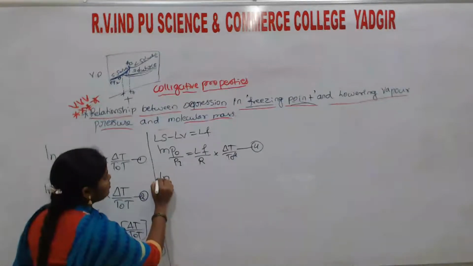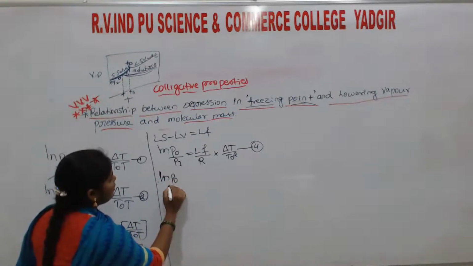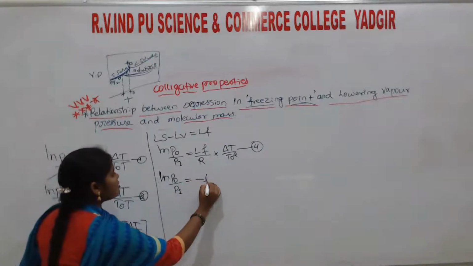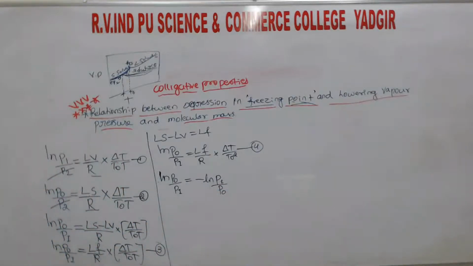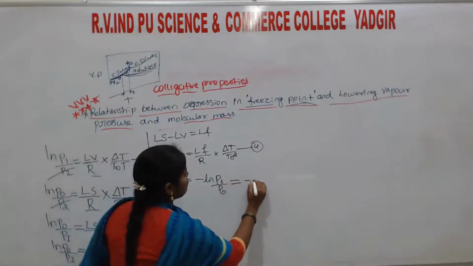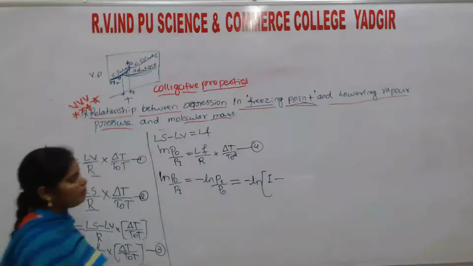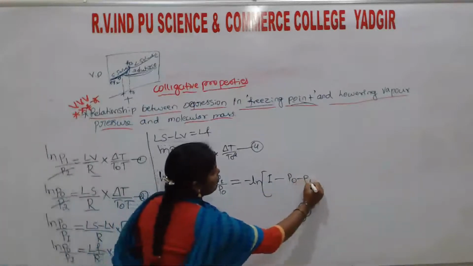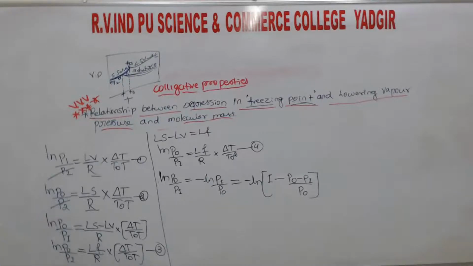Consider ln of P naught divided by P1, which is equal to minus ln of P1 divided by P naught, which is equal to minus ln of 1 minus (P naught minus P1) divided by P naught.